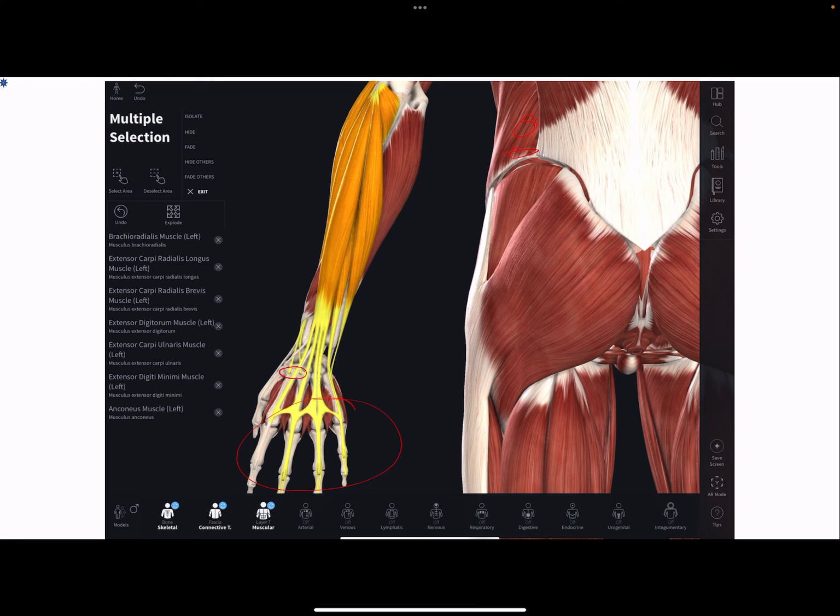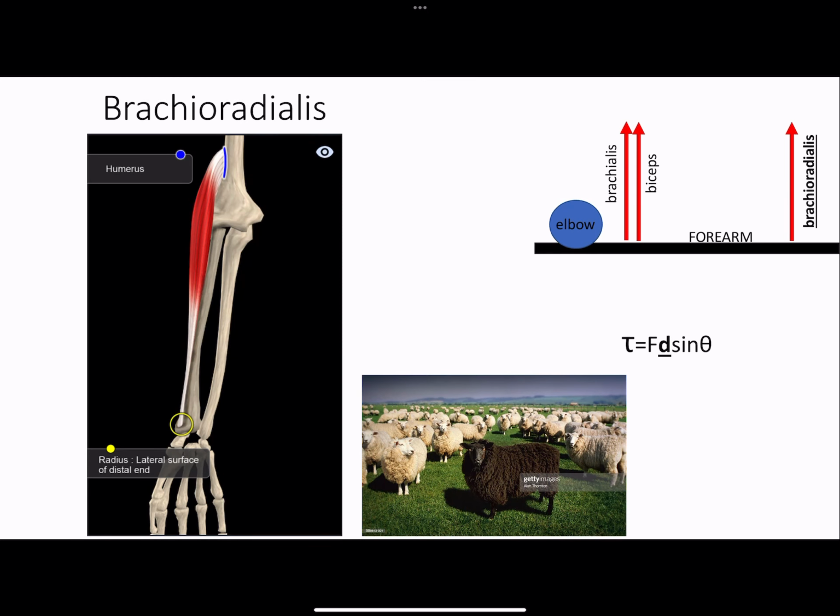Then we have ulnaris going to the ulnar side of the wrist, and then anconeus is randomly up there. Again, anconeus not so important. The brachioradialis is definitely the black sheep of the posterior superficial compartment muscles for two big reasons. One, it's not even really on the posterior so much. It's mostly on the anterior. That's one.